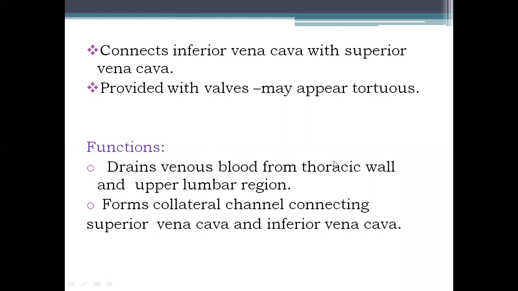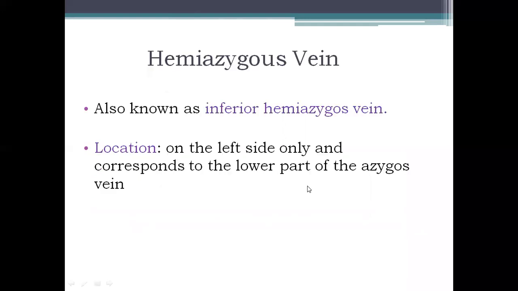As we saw, it's in the posterior abdominal wall, so obviously it will drain blood from the thoracic wall and the upper lumbar regions. We'll see the formation, course, and termination of these three veins together. Before that, we'll see some short introduction points about the Hemiazygos and accessory Hemiazygos.